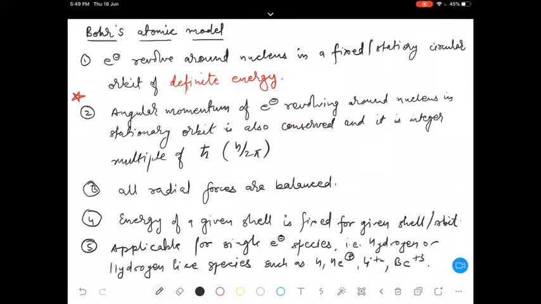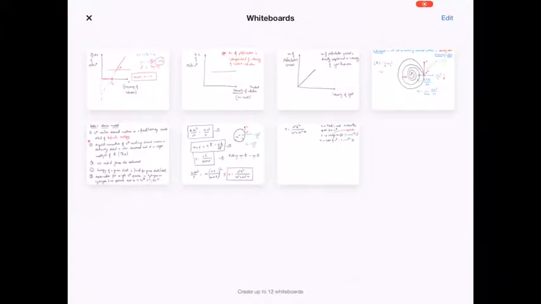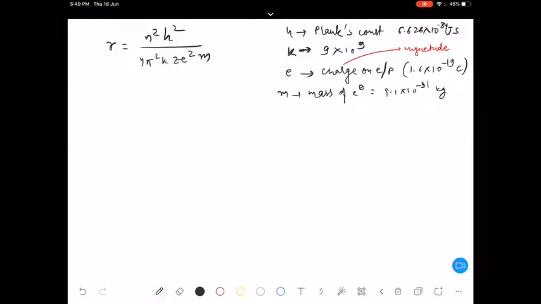Now that is another postulate, and ultimately this postulate will become a limitation of Bohr's model later on. Okay, now again coming back to our earlier part.